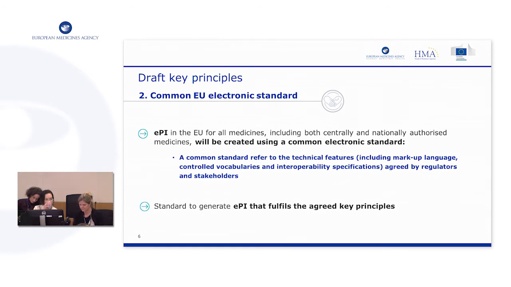A common standard refers to technical features, which are markup language, controlled vocabularies, and interoperability specifications, agreed by everyone, by regulators but also stakeholders. So it's an important standard to generate the EPI and ensure that it fulfills all the agreed key principles. And these are the features that Libby presented before.